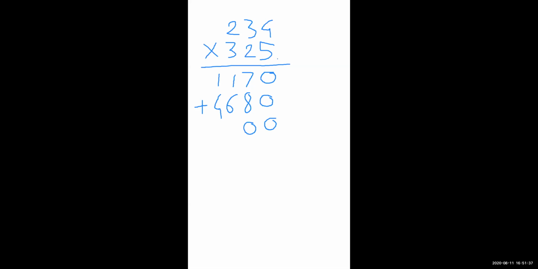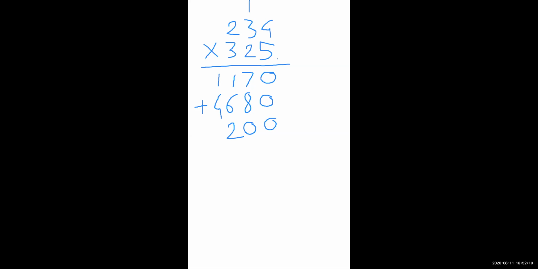Okay, 0 0, two zeros I have given. Now see, 234 multiplied by 300s. We have already given two zeros because when we multiply any number by 0, the answer is always 0. So we have given here two zeros. Now multiply the remaining digit, that is 3. 4 3s are 12. 12's 2. Yes, 1 goes to carry.